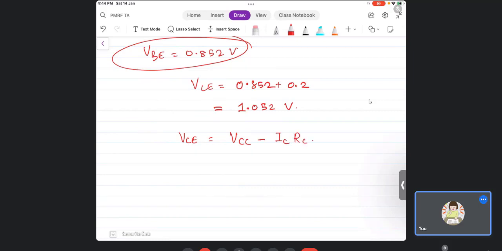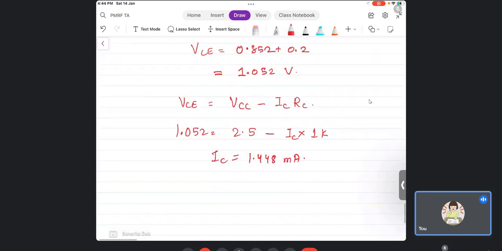RC is fixed. So 1.052 equals 2.5 minus IC into 1K. From here you get IC, which is 2.5 minus 1.052, that is 1.448 milliamperes. And if this is 1.448, then IB is 1.448 by 100, giving you 14.48 microamperes.